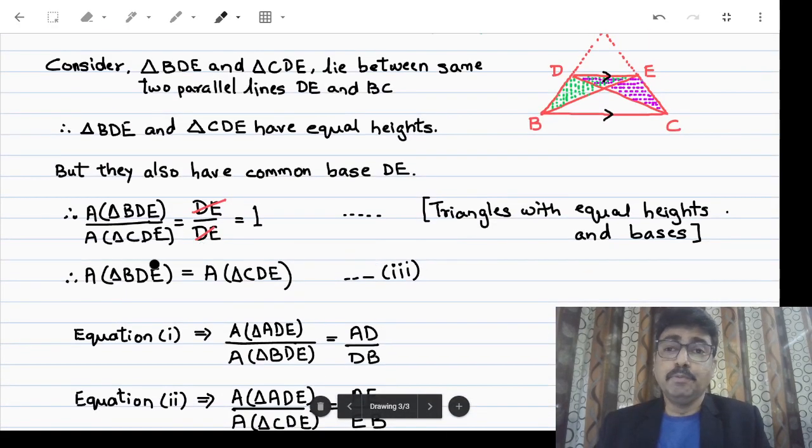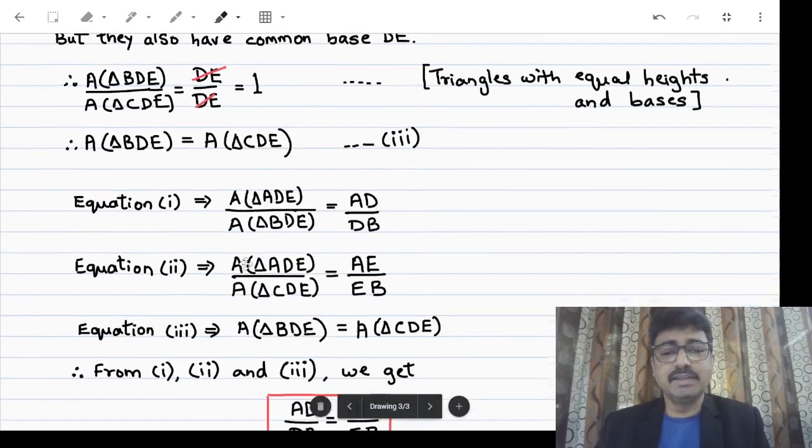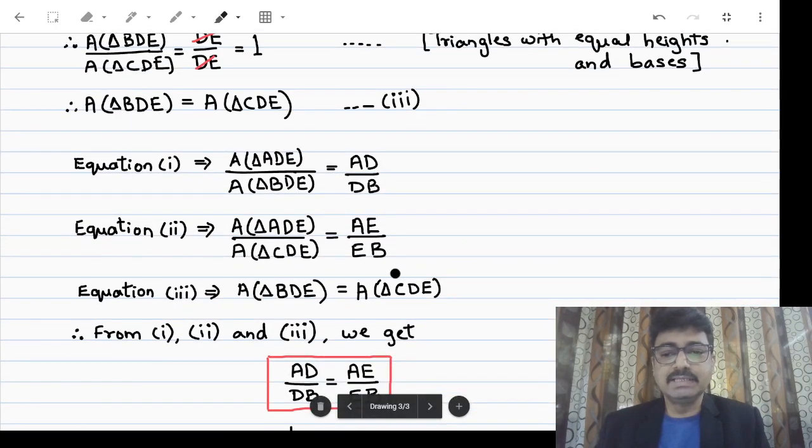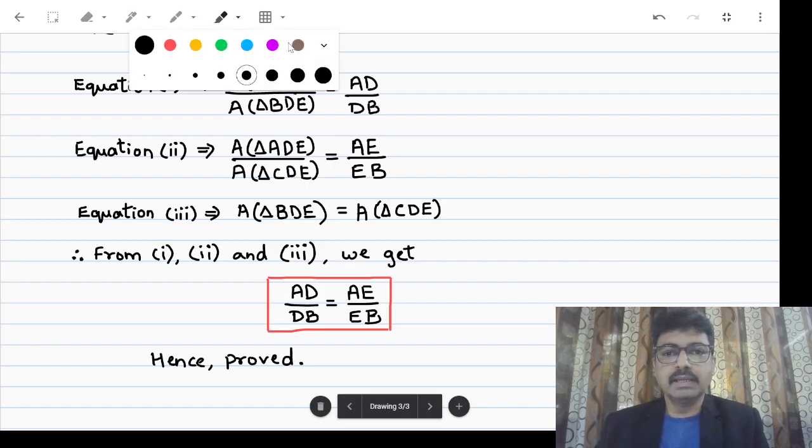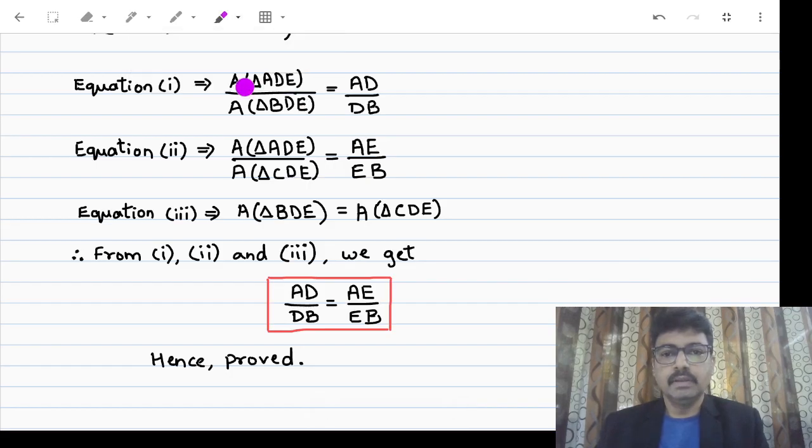Equation 3, we proved that area of BDE and area of CDE are equal. Observe equations 1, 2 and 3 carefully. If you look at equation 1 and equation 2's left hand side, the numerators are equal. The denominators are not equal.